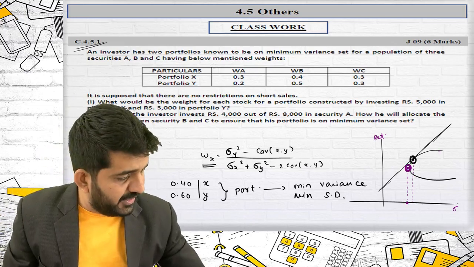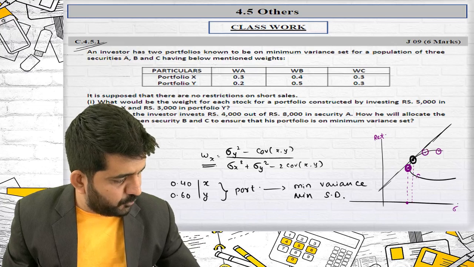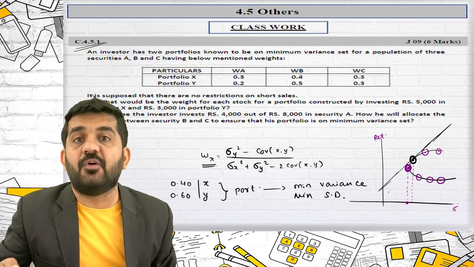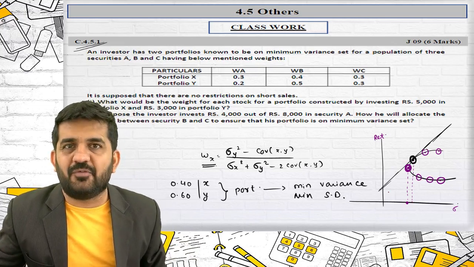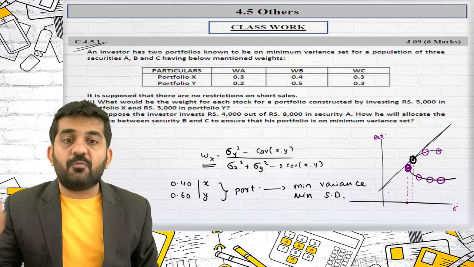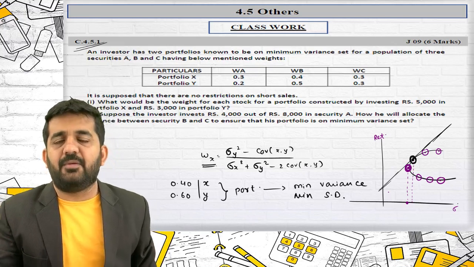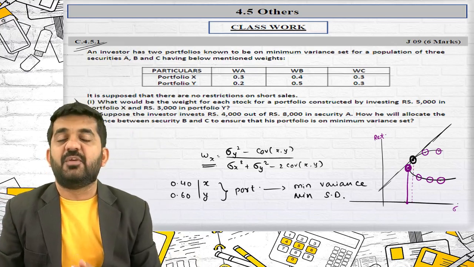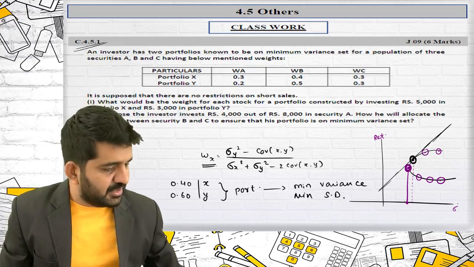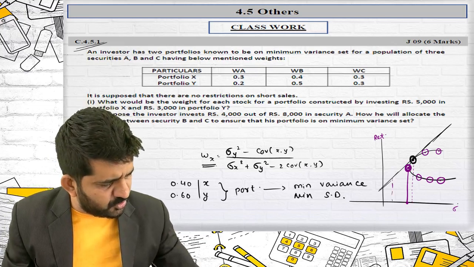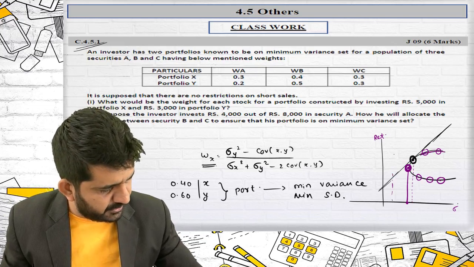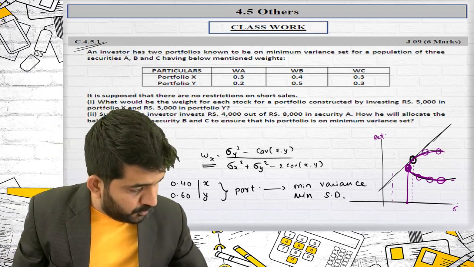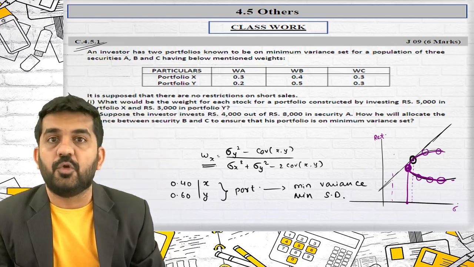Among all the combinations of weights of different portfolios, is this one of the best? No, not one of the best, but this is the portfolio having minimum variance. It is having minimum standard deviation. There is no portfolio lying below it on this Markowitz frontier. So this portfolio is the minimum variance portfolio.